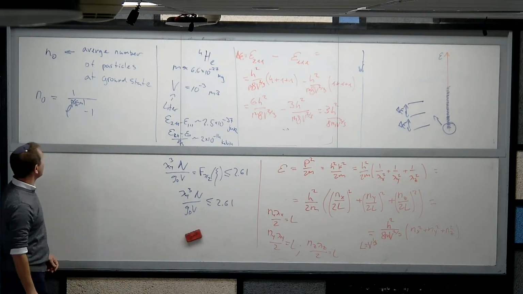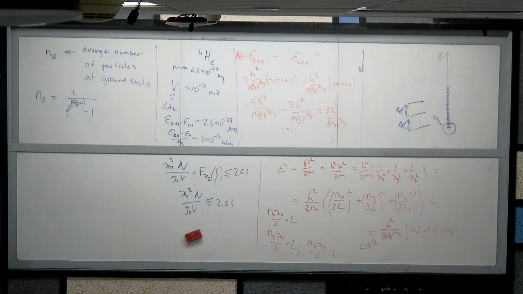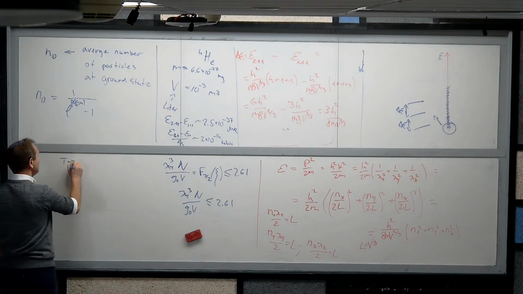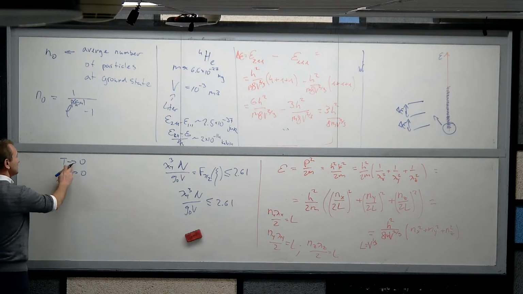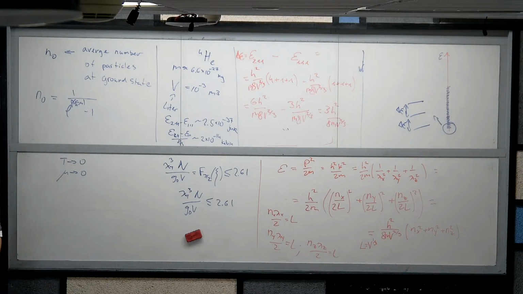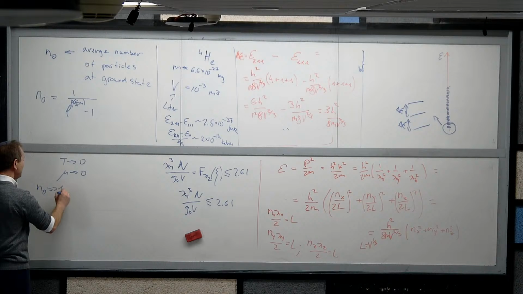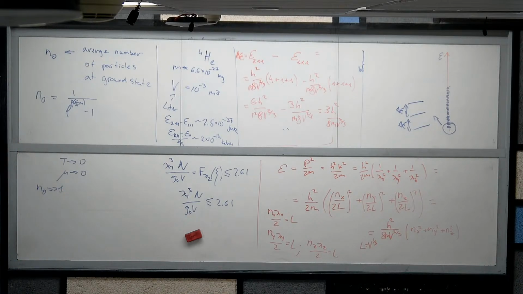Now, we know that something funky is going on when we lower the temperature. When T goes to 0, mu goes towards 0. And at least in this low temperature regime, we can say the following thing: N0 is going to be very much larger than 1.